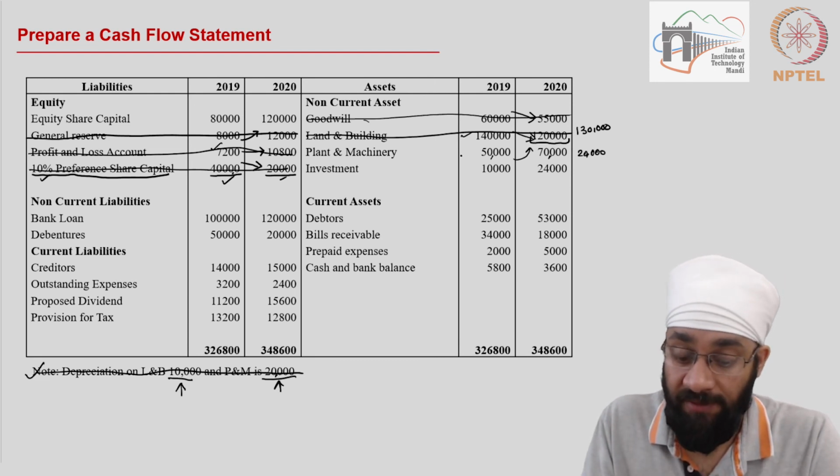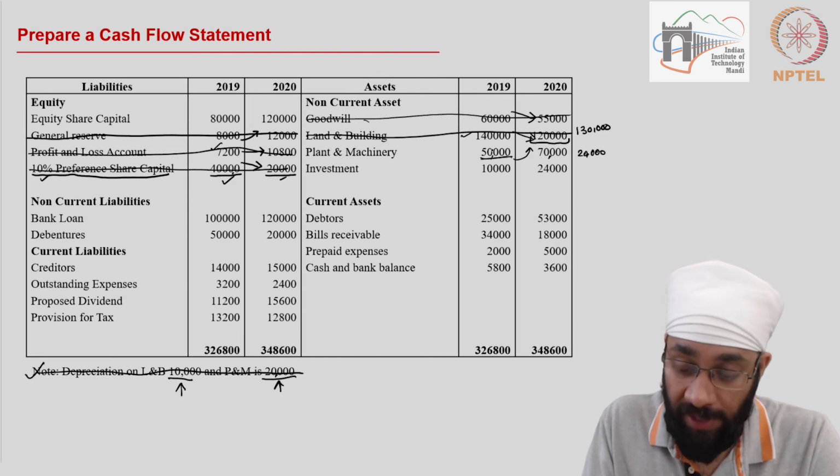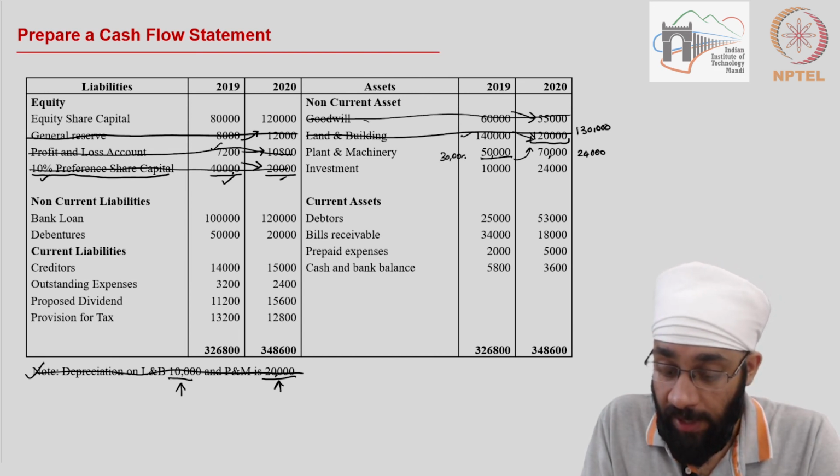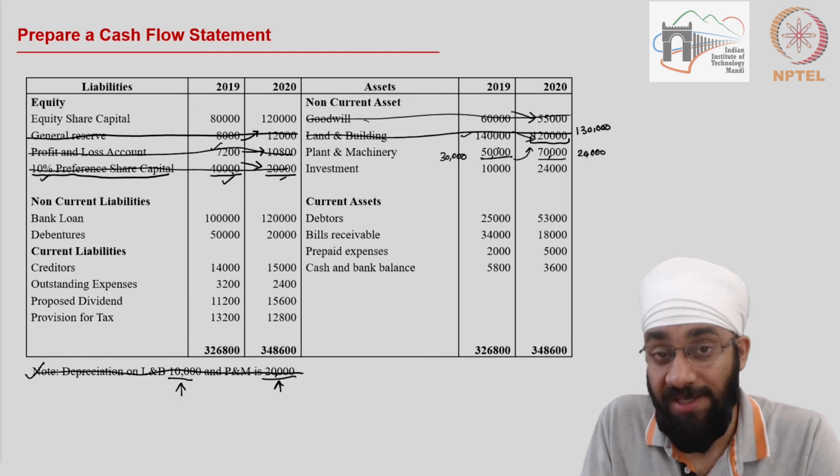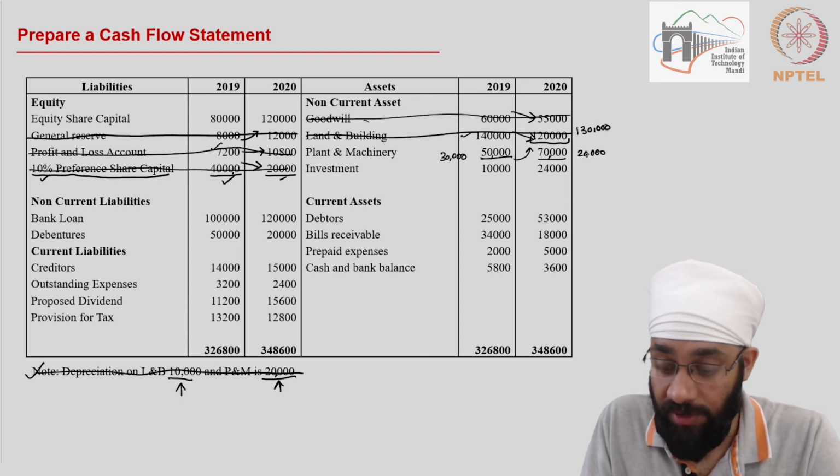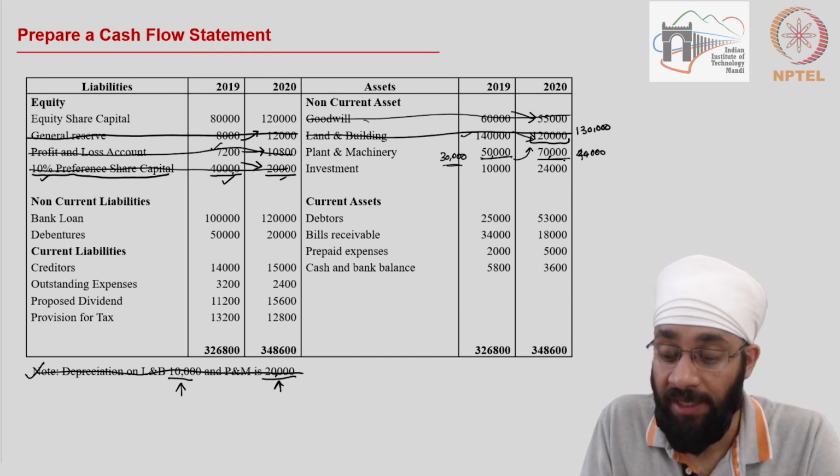That means the value of plant and machinery has to be reduced by 20,000. So only 30,000 is the value. And then at the end of the year, the balance is 70,000. So this means you have purchased plant and machinery not worth 20,000 but worth 40,000. So from 30,000 it has gone up to 70,000.